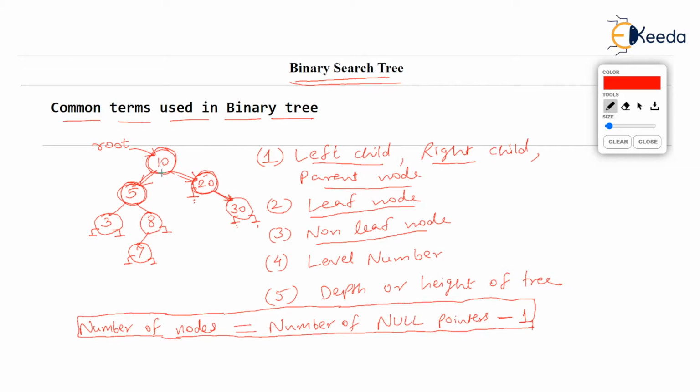Actually, it is having both children, left and right. So 10 definitely is a non-leaf node. Similarly, 5 is a non-leaf node and 8 is a non-leaf node because 8 is having left child, although it is not having a right child. Many authors call these non-leaf nodes as internal nodes. So 10, 5, 20, and 8 are also called as internal nodes of the binary tree.